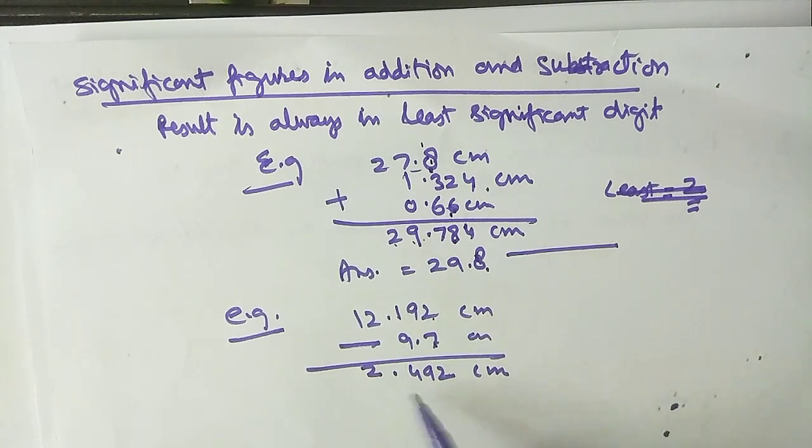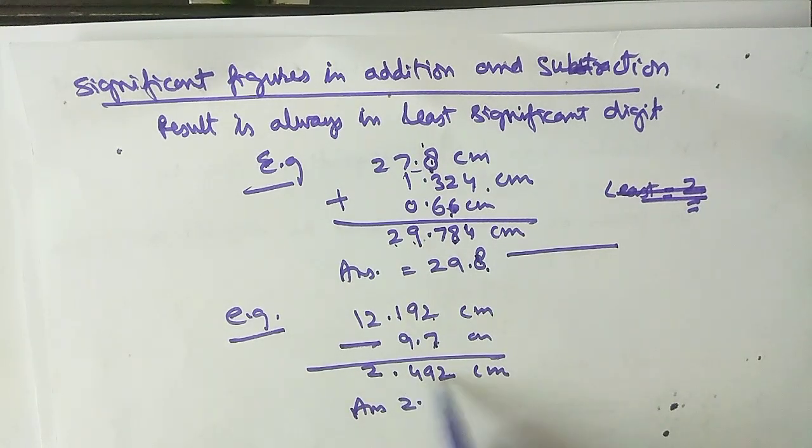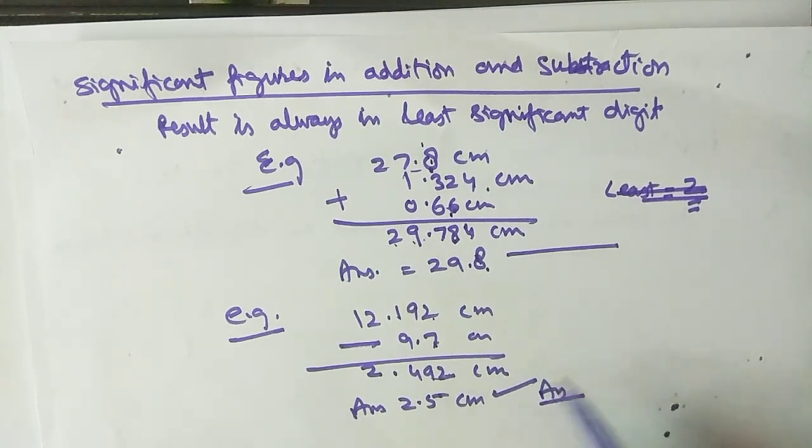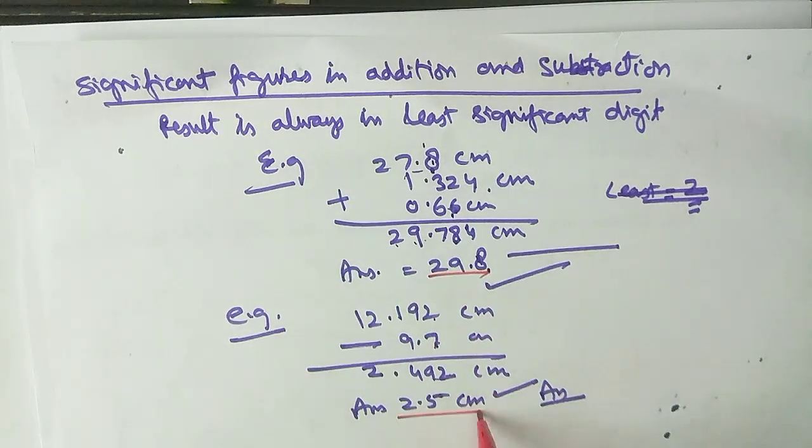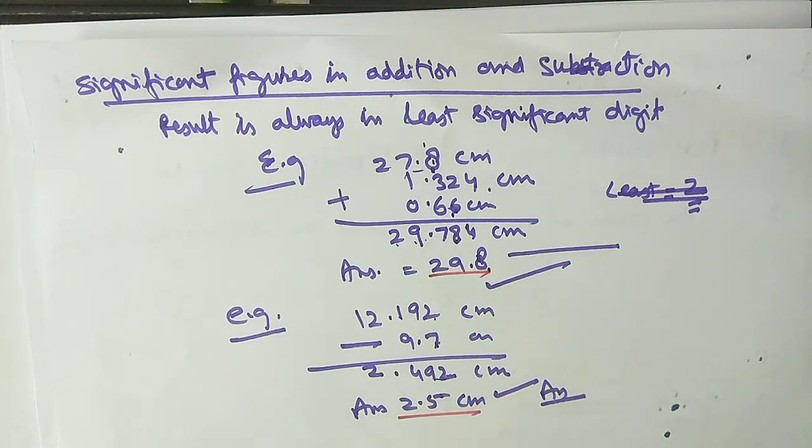So after rounding off, you will write the answer 2.5. So 2.5 centimeter is the answer. Clear? So this is in case of summation and subtraction.